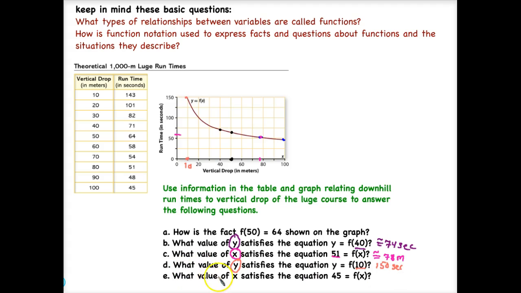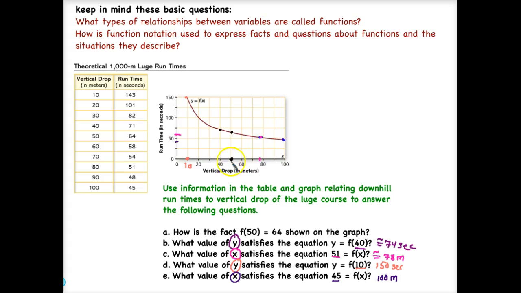And the last one, what values of x, so now I'm looking for x, satisfies the equation 45 equals f of x? Well, 45 is my y value, and it's maybe about here. So my x value for that is around 100. And again, make sure that you describe what this value represents, and that's meters.